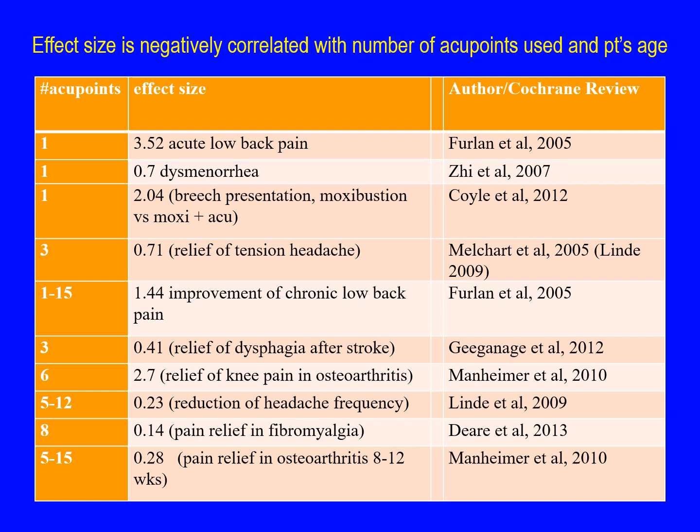And in treating breech presentation in pregnancy, only 1 point, bladder 67 was used, and the effect size was large, 2.04. But when a higher number of acupuncture points were used in the treatment of headache, the effect size was only 0.23.